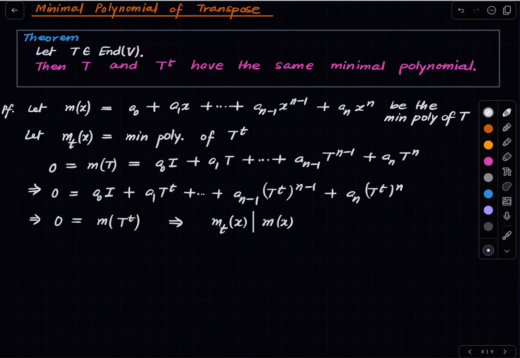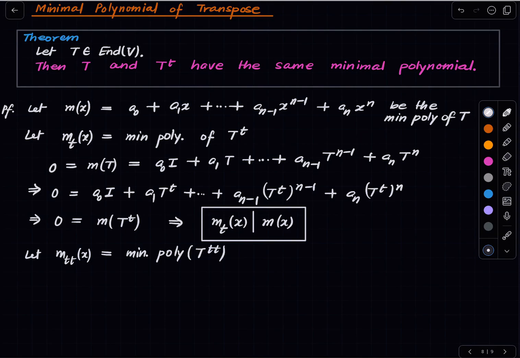So we will box it out. Okay, and let's say this is the minimal polynomial of T double transpose. And by the same logic, we can show that this is the case.